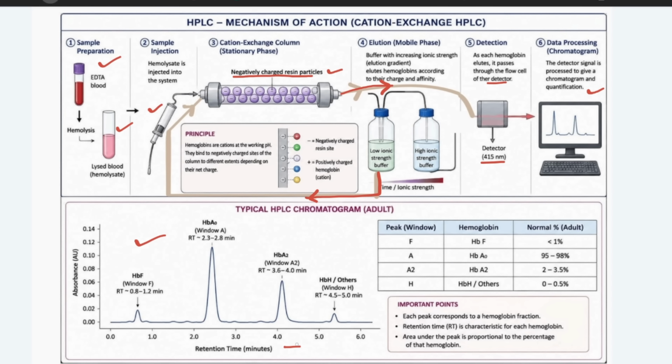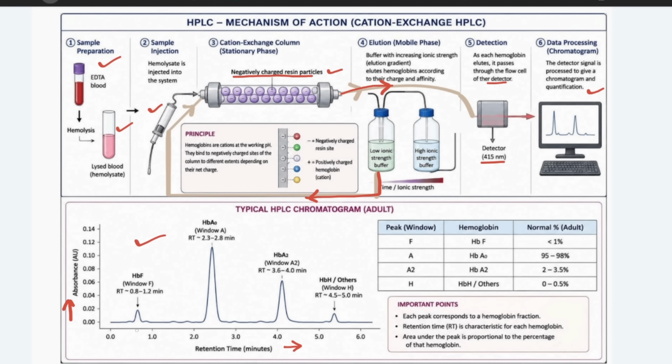Here in the x-axis the retention time is plotted, and in the y-axis the absorbance is plotted. These are the different peaks, and each peak corresponds to a hemoglobin fraction. That means each peak is characteristic of a different hemoglobin fraction, and the retention time is characteristic for each hemoglobin.